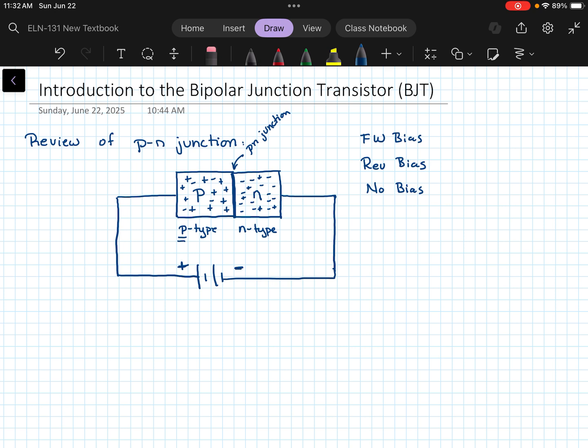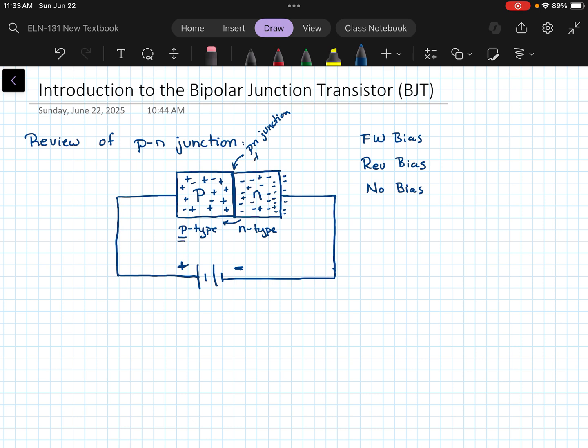The negative side of our voltage supply has an abundance of electrons. So as these electrons encounter this N-type material that already has an abundance of electrons, they tend to repel those electrons while attracting the holes. And so they'll start to recombine with the holes, and these electrons start moving across this junction.